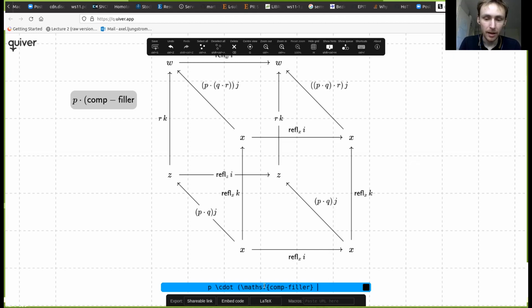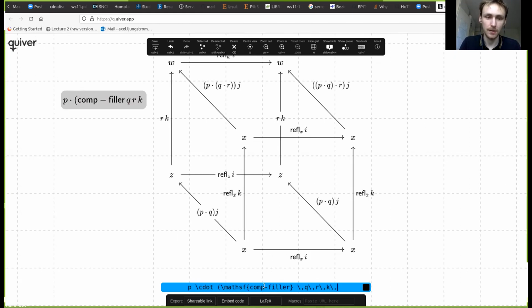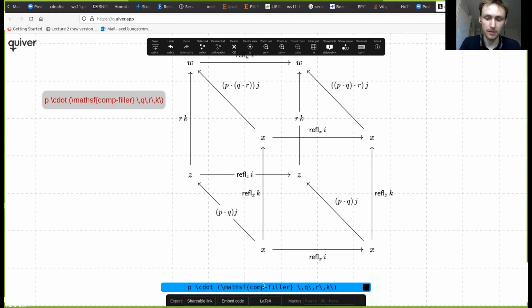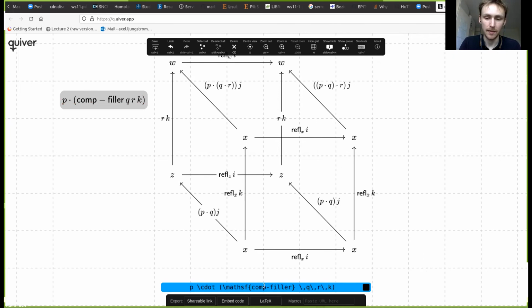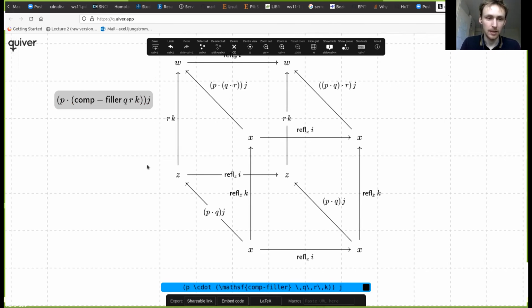Comp filler of QR, K, close brackets, and then this whole thing applied to J. So it's like an app of a comp filler.